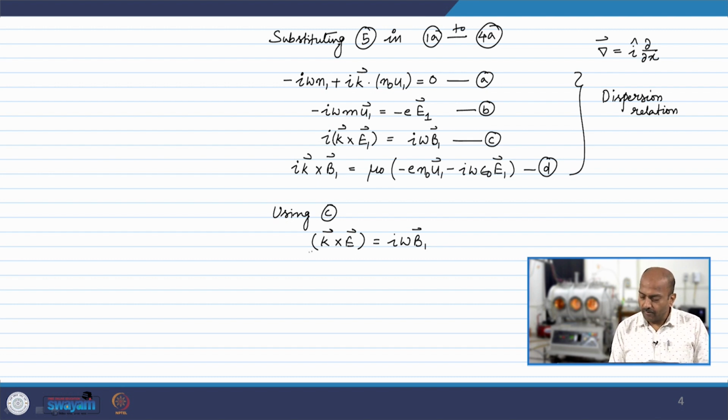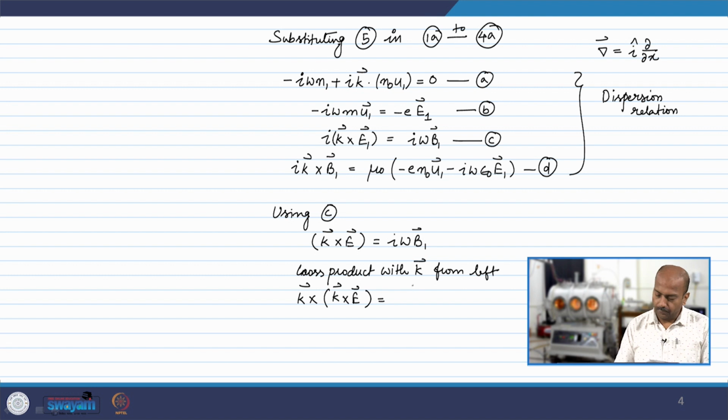Taking a cross product from the left with k bar, we can write k cross k cross E is equal to omega times k cross B1, right.